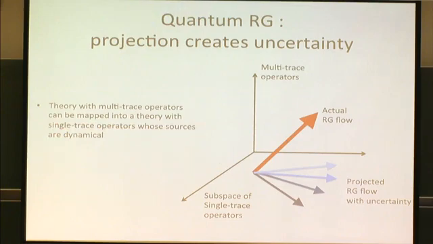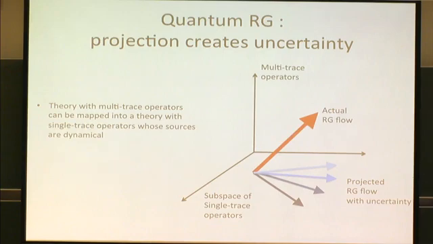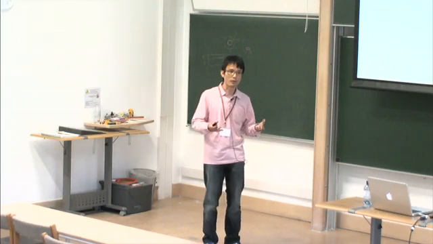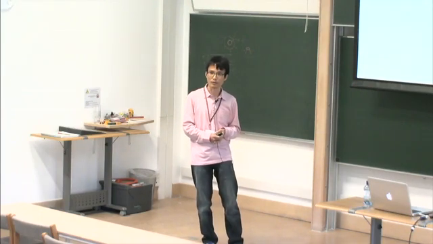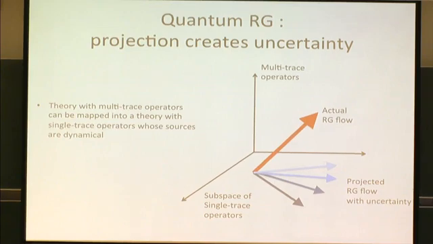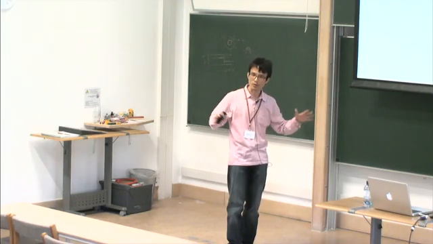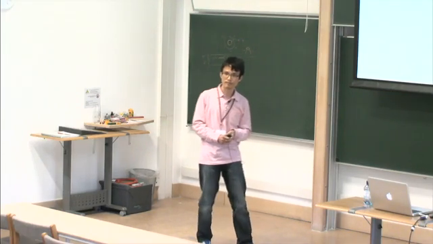In other words, the partition function of this theory is equal to some ensemble of partition functions where only single trace operators are turned on. Effectively, what one can do is project this theory onto the subspace of single trace operators and give some non-trivial distribution for the source of the single trace operator.